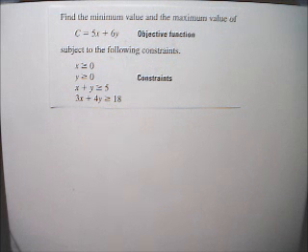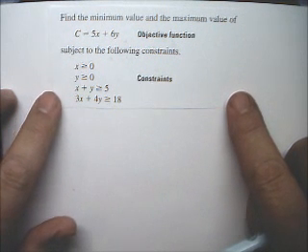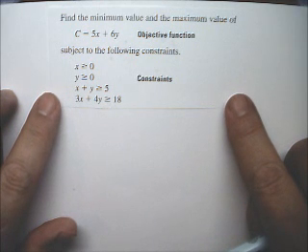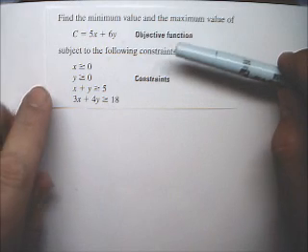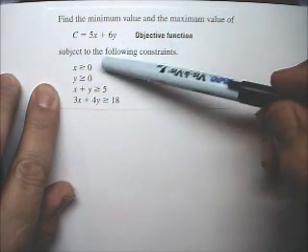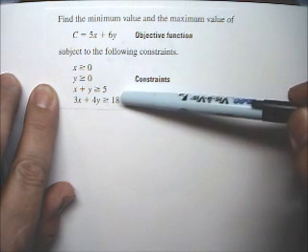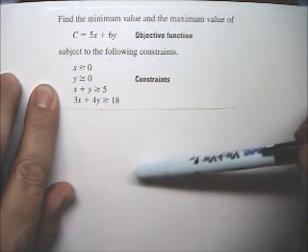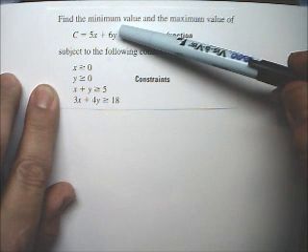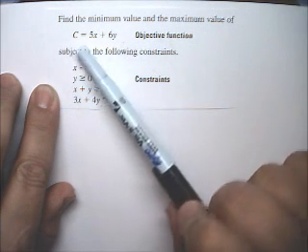Hello, this is Systems of Linear Equations and Inequalities, Linear Programming, Example 2. In linear programming, there's always a set of constraints, which are a number of inequalities, and then there's an objective function. The objective function defines something.